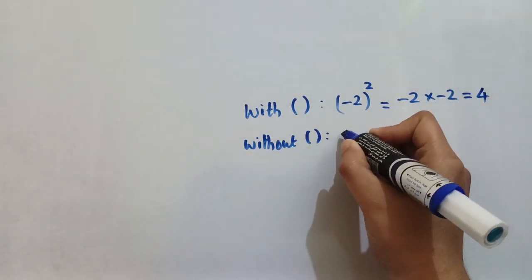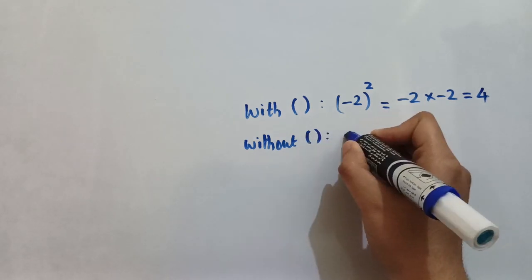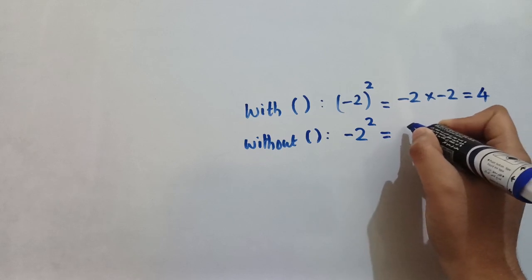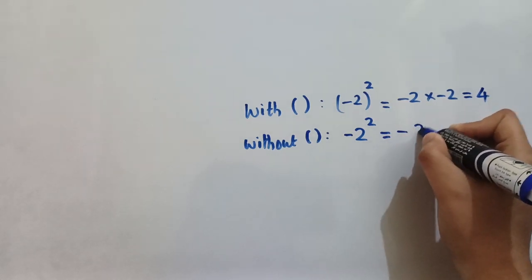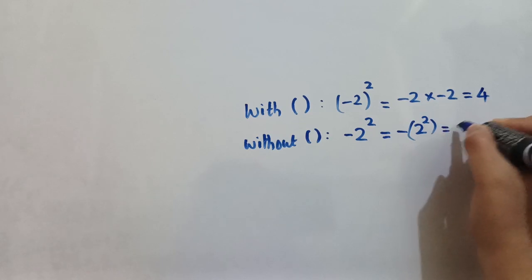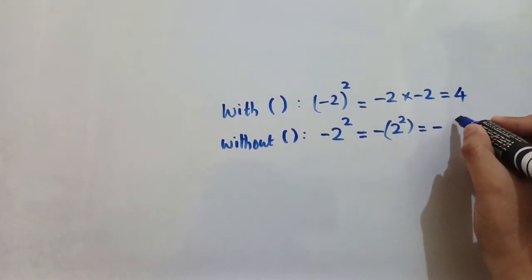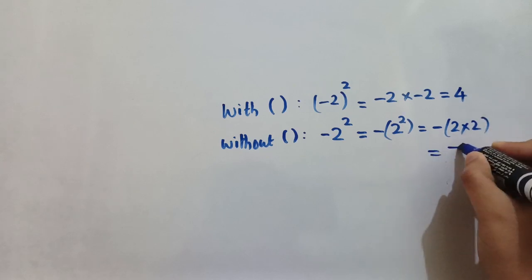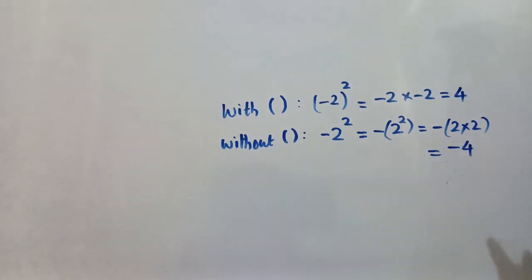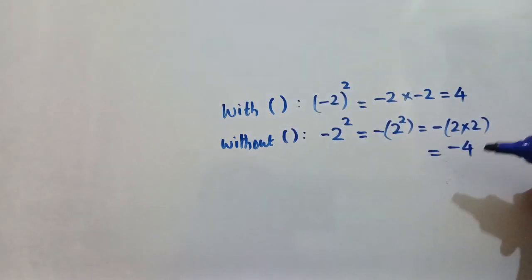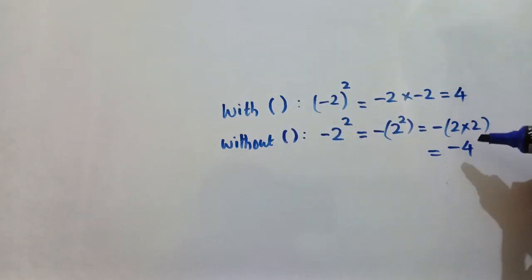Okay, if we didn't write bracket, then -2 square is equal to minus of 2 square, which is equal to minus of 2 into 2, which is equal to minus 4. That is, the answer is different if we use bracket and without bracket. Answer is positive and negative.